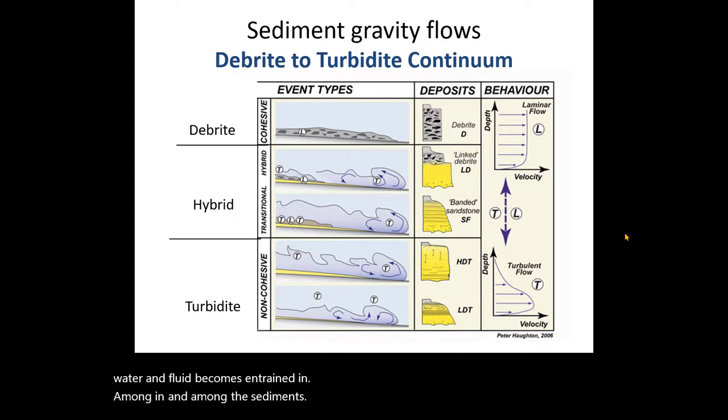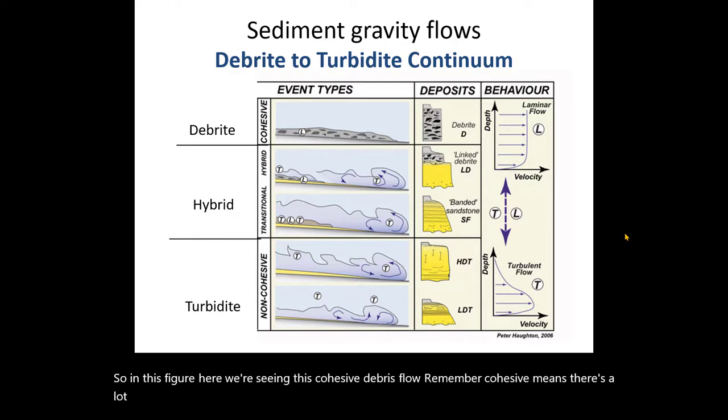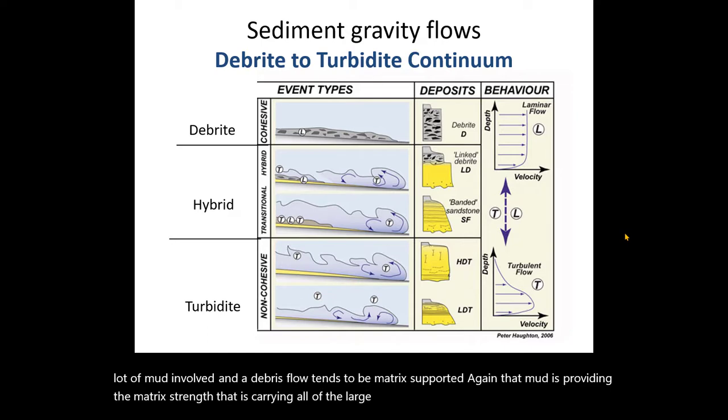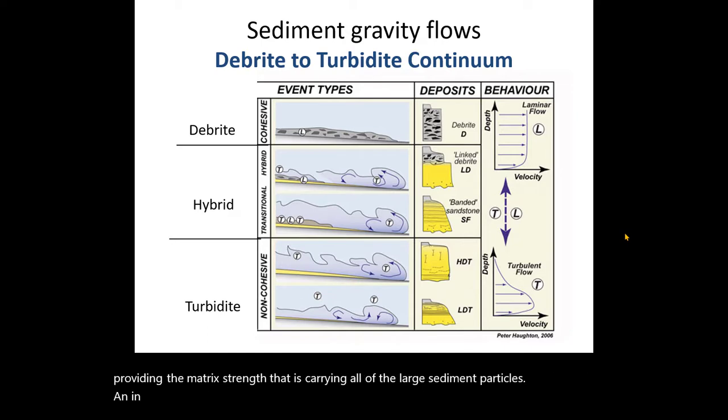So in this figure here, we're seeing this cohesive debris flow. Remember, cohesive means there's a lot of mud involved, and a debris flow tends to be matrix supported. Again, that mud is providing the matrix strength that is carrying all of the large sediment particles. And in general, these debris flows are dominated by more laminar flow type behaviors.